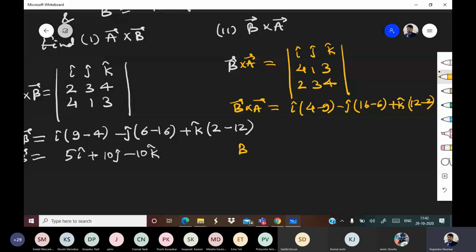So B cross A comes out to be minus 5i minus 10j plus 10k. That will be the answer.